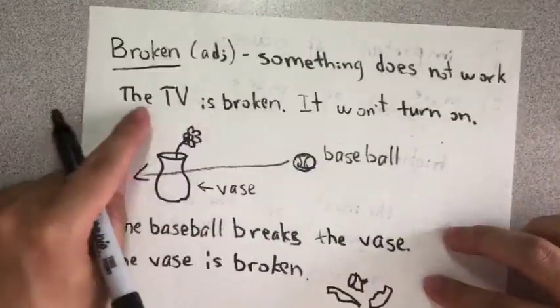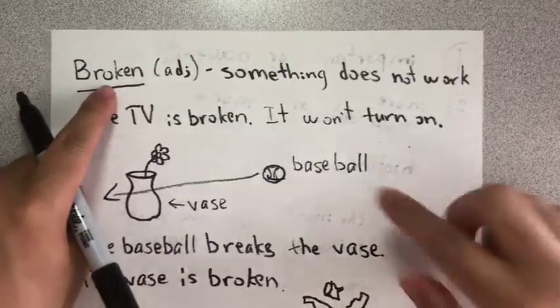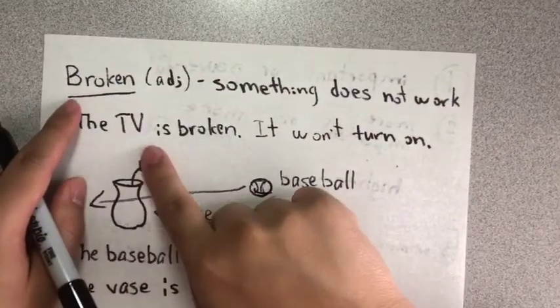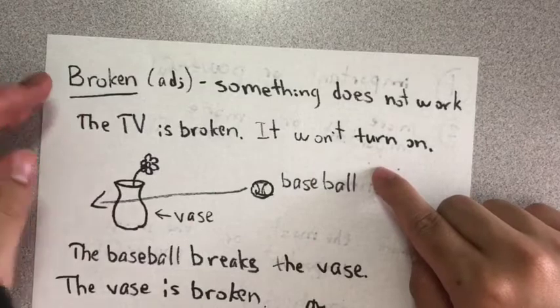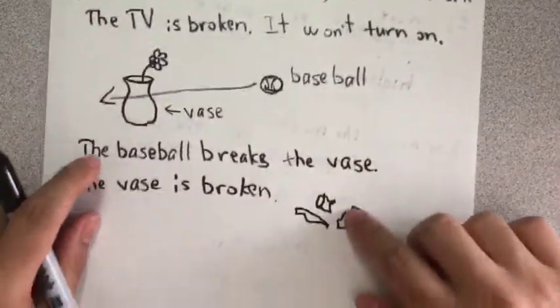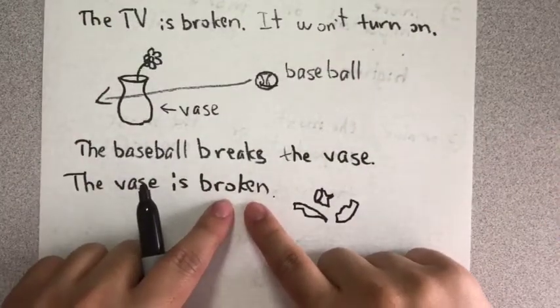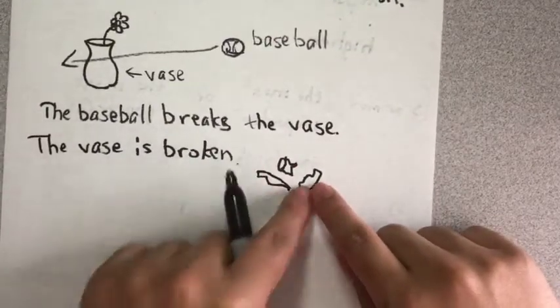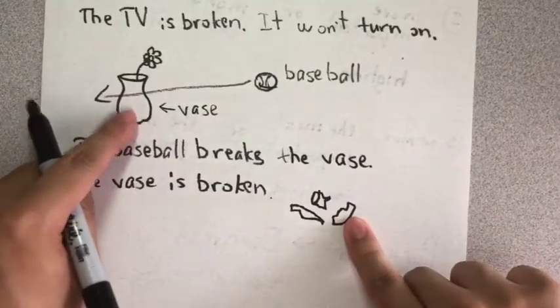So broken has two meanings. The first meaning is something does not work, like a TV. It just won't turn on. The other meaning for the word broken is when something breaks, like this vase.